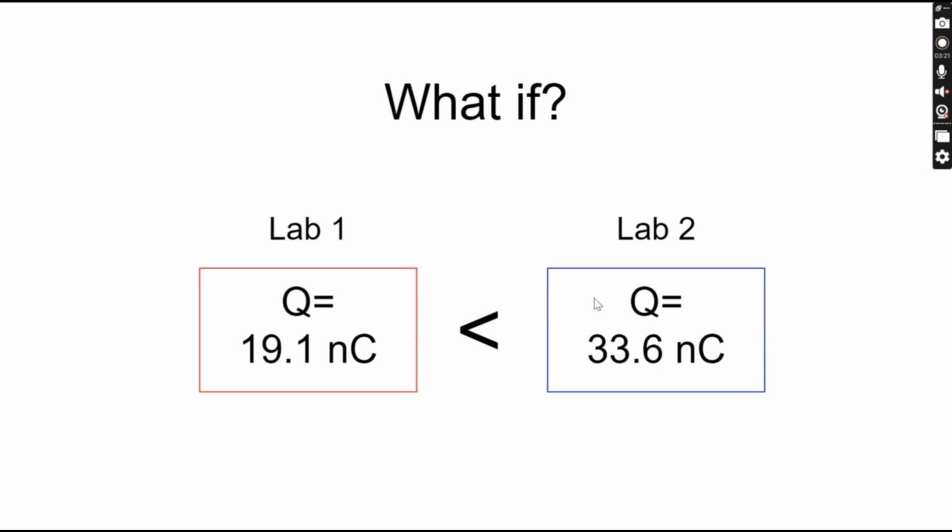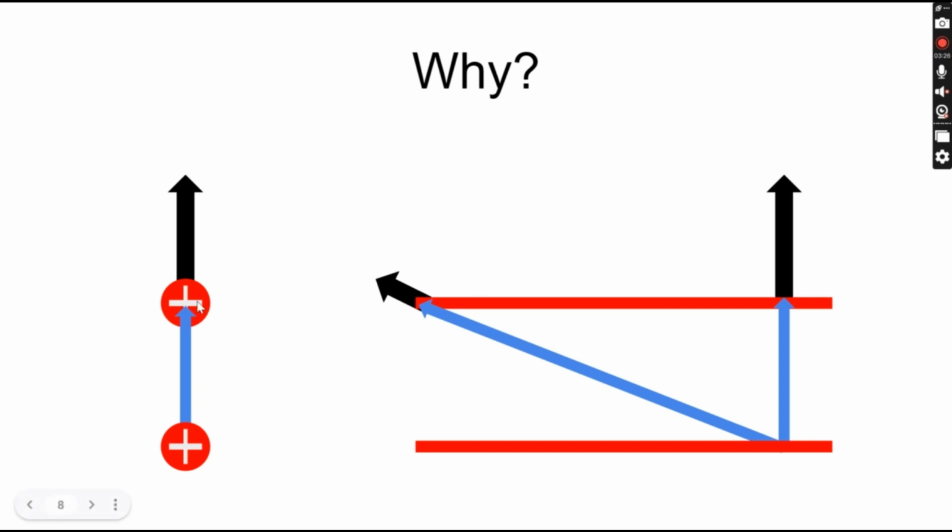And this actually does make sense, and we would assume this lab 2 number would be the more accurate one, because in lab 1, this assumption sort of implicitly says that each bit of charge in the bottom tape is acting on every single bit of charge in the top tape equally, when in reality, a tiny bit of charge might act on the charge directly above it, much like this, but for charges further away, since this charge is more spread out, the force would be weaker because of the distance and also less in the vertical direction.